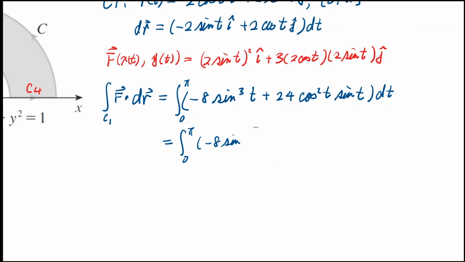Sine squared t plus 24 cosine squared t and then sine t. I regret not simplifying this outside of the integral. Do as I say, not as I do. Always simplify your integrand first, then shove it in. Do you see that you can borrow 8 of these and then make it negative 8?